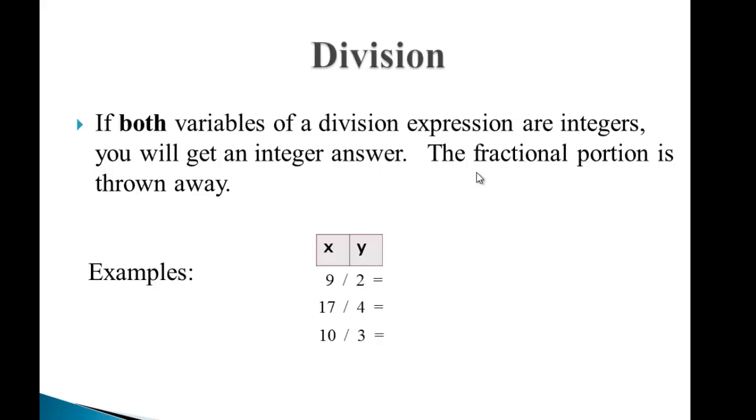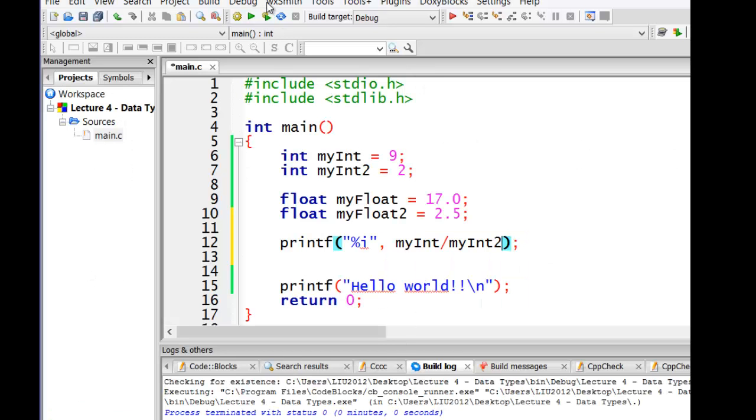So the fractional portion gets truncated and thrown away. So your answer will be 4 instead of 4.5. What I mean is the 0.5 gets thrown away because your result is an int, and int only holds whole numbers.